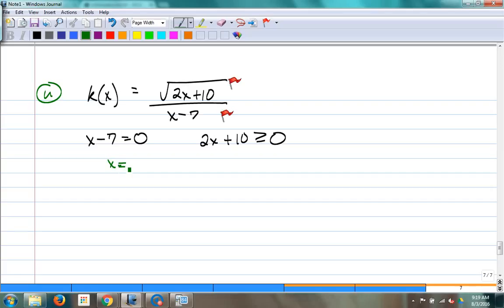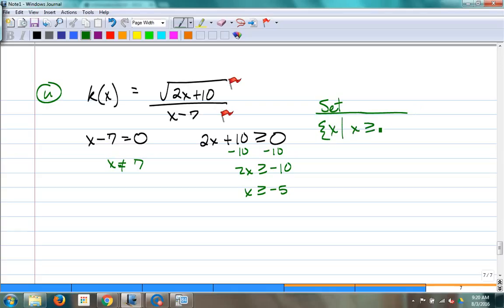So x can't be 7. Minus 10 minus 10, 2x is greater than or equal to negative 10. X is greater than or equal to negative 5. Okay, so our set notation for that just means we need to report both of those things. X such that x is greater than or equal to negative 5, and then x does not equal 7.